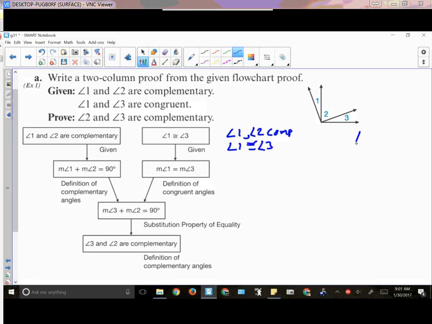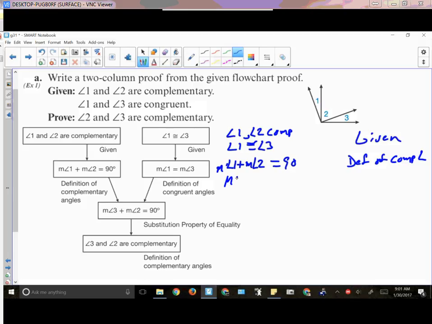This was all given to us. Okay? So then we've got the measure of angle 1 plus the measure of angle 2 is equal to 90. Okay? Definition of complementary angles.